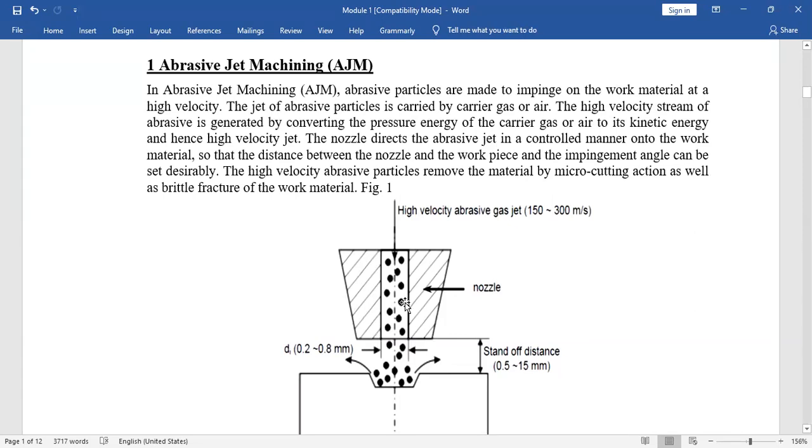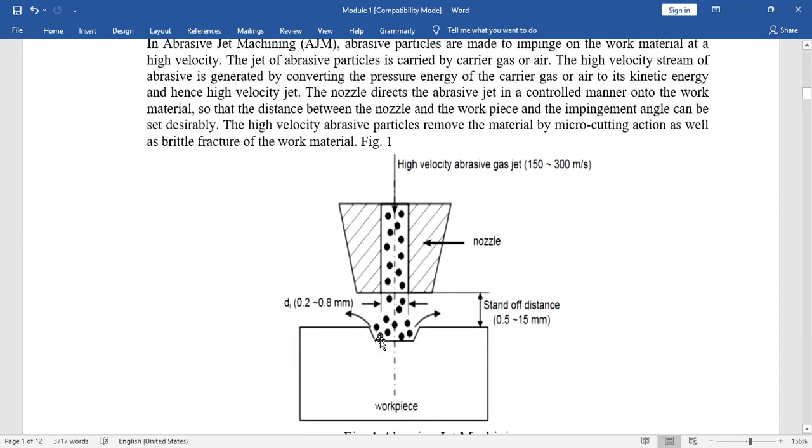So when it is mixed with the abrasive particles and the compressed gas, the energy of the abrasive particles increases. And when this very high kinetic energy strikes the workpiece material, with the help of the sharp edges of the abrasive particle, the material is removed by the action of micro cutting or brittle fracture of the workpiece. So this is how the material is removed.